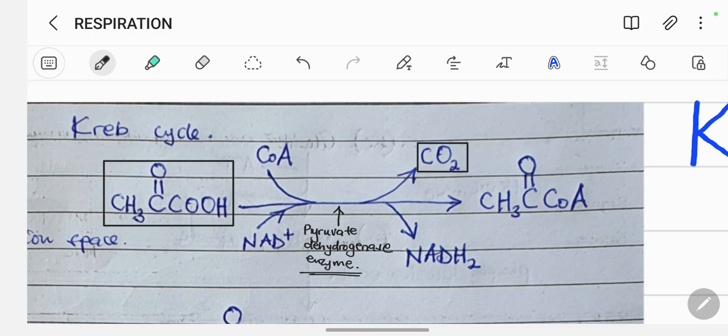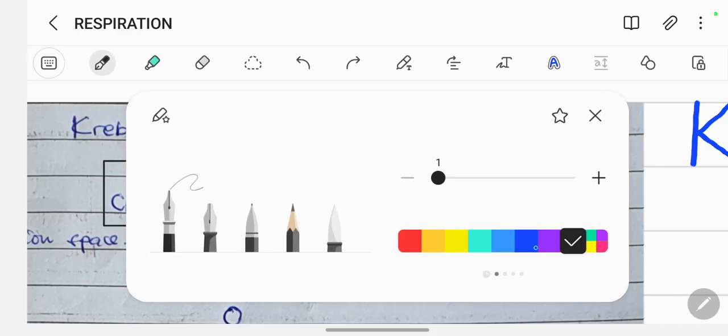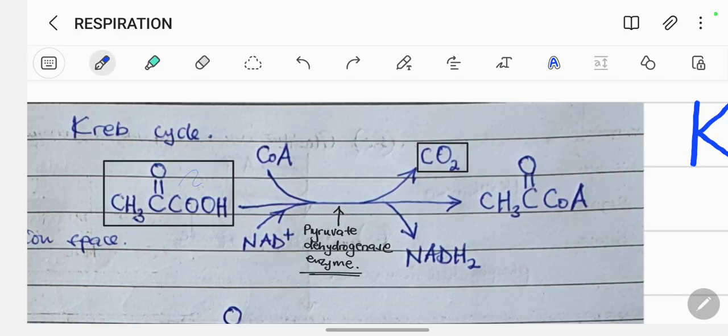As we remove the carbon dioxide, just imagine that we've removed this part here. We are going to remove this carbon dioxide at that point.